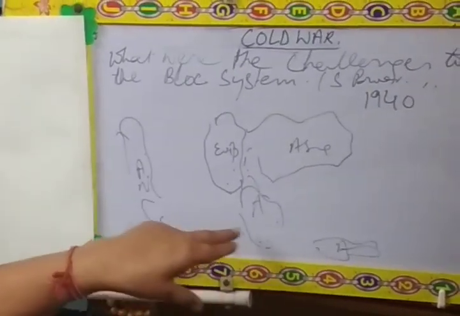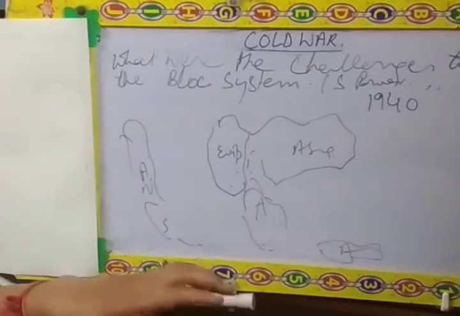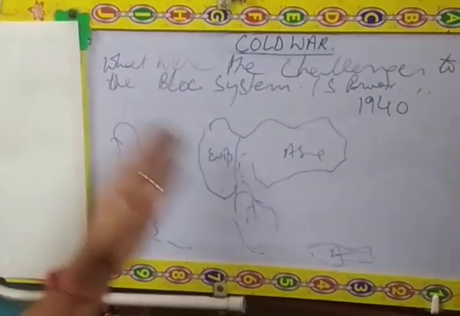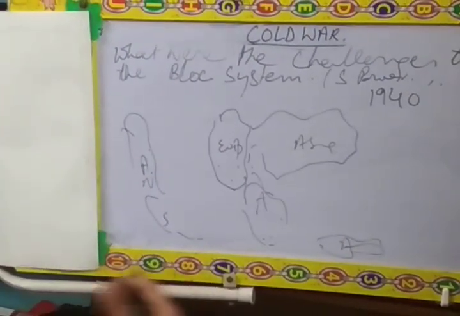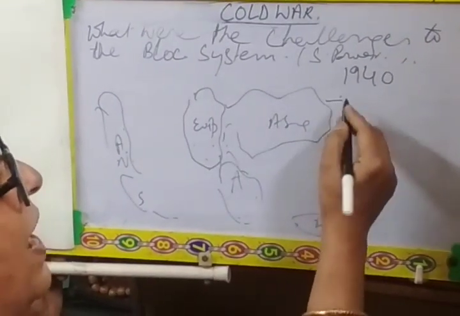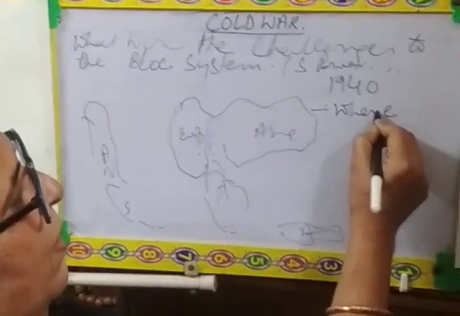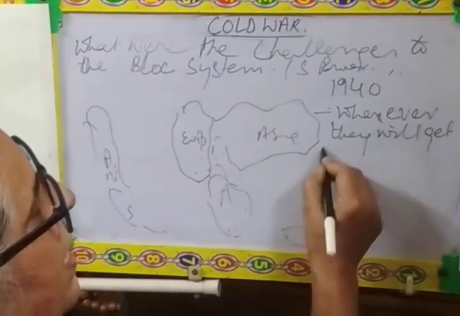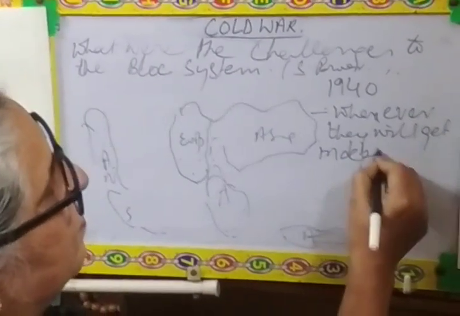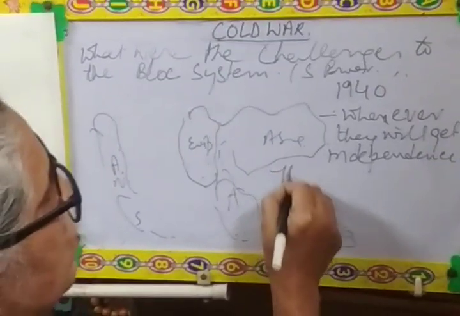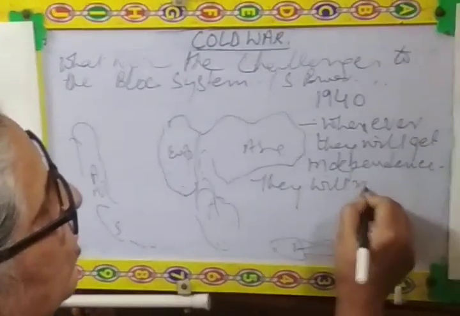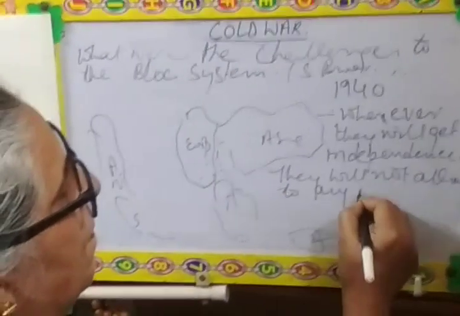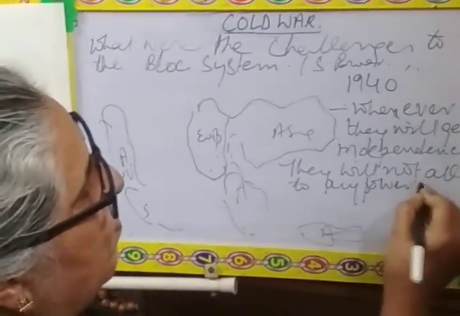The leaders of these colonized countries were coming together and discussing that whenever they get independence, they will not align to any power bloc.